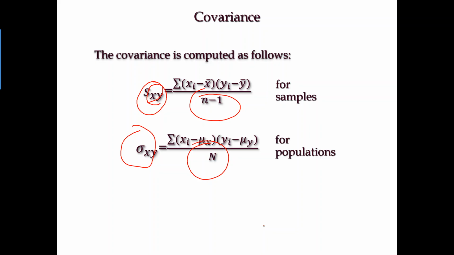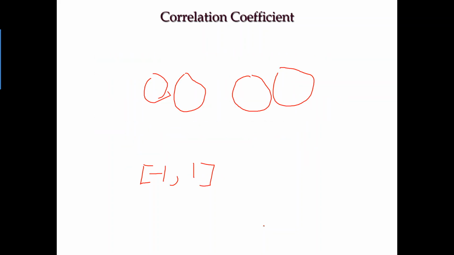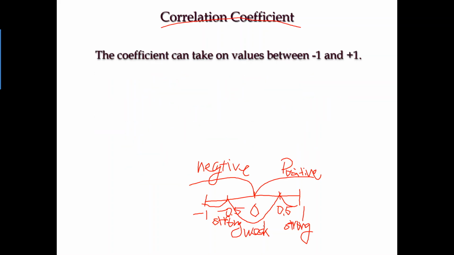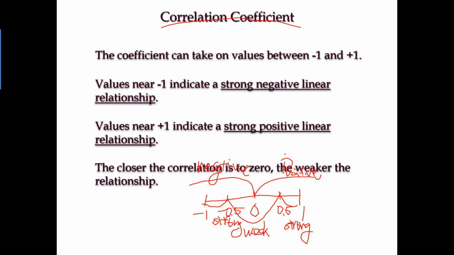However, if you're using the correlation coefficient, you can tell not only positive or negative, but also the strength. So this statistic gives people more information on the relationship than the covariance. Therefore, people use the correlation coefficient more often than the covariance.